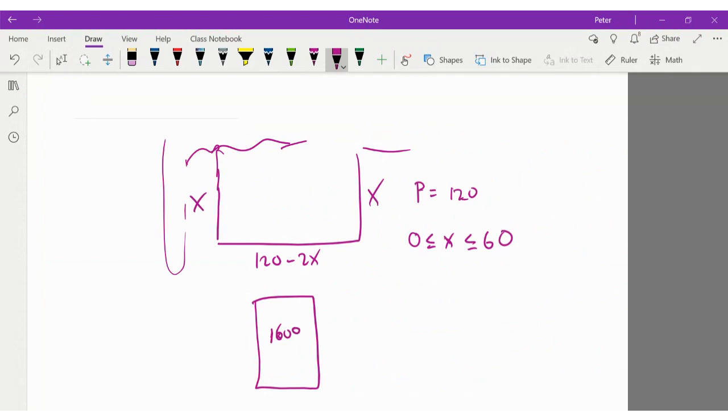If I say the area has to be 1600, let's make it simpler. Let's say that this is 1,000. So I could make that 0.001, and then I could make this a million, or I could make this 0.000001 and make this a billion. So the area doesn't limit the length of the perimeter the way a direct limitation on the perimeter does. So, okay.